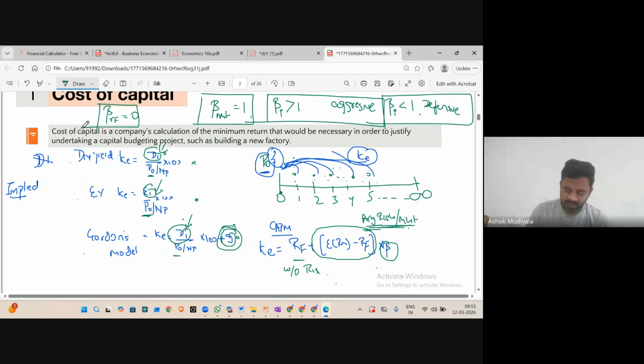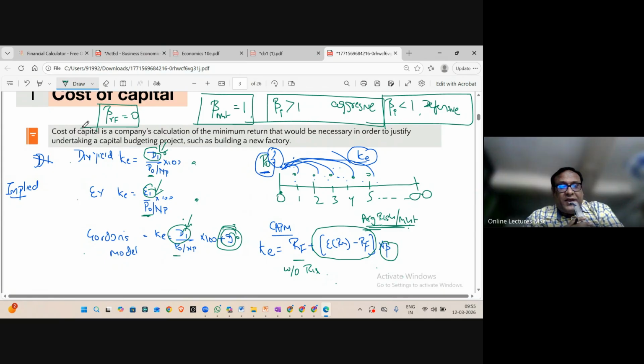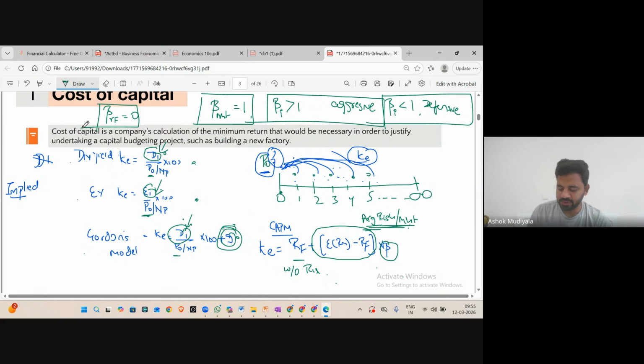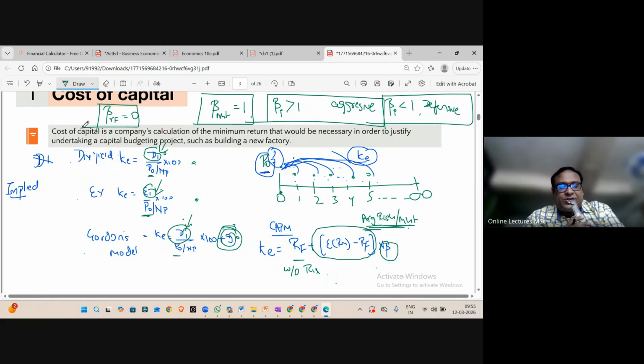Sir, in the dividend yield method, D1 by P0, or net proceeds. See, yield is always related to market price. Or NP means net proceeds. So at times you do the calculation for a company which is planning to go for a new share issue. Sometimes the current market price is 1,000 rupees, but when you issue, you might have to issue it at a 2-3% discount.